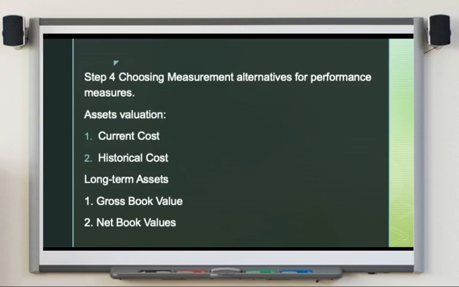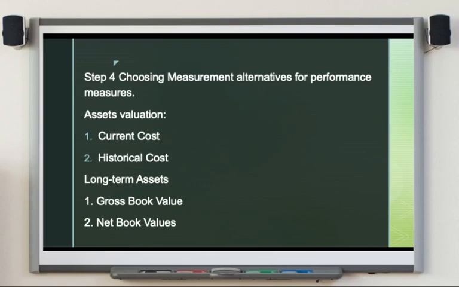The next step is to choose which cost will be used for the valuation of your assets or the valuation of your investment. You could either use the current cost or the historical cost.